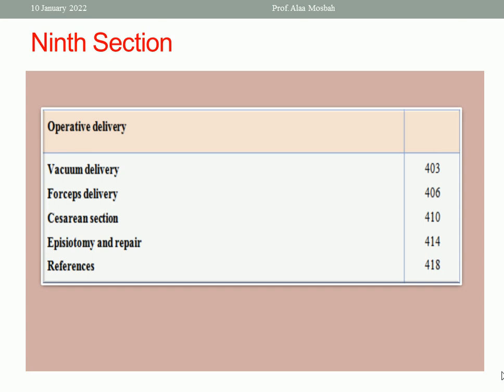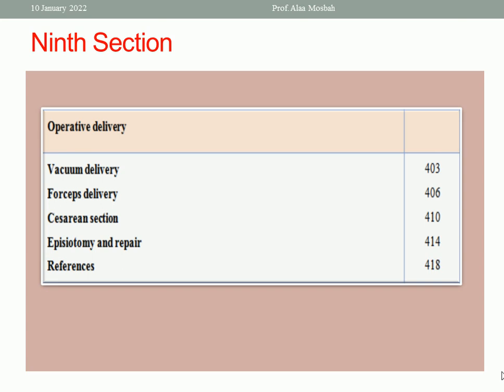The ninth section is about operative delivery, whether vaginal operative delivery or cesarean section: vacuum delivery, forceps delivery, cesarean section, episiotomy and repair, and different types of episiotomy. And here in this chapter, I describe 7 types of episiotomy.